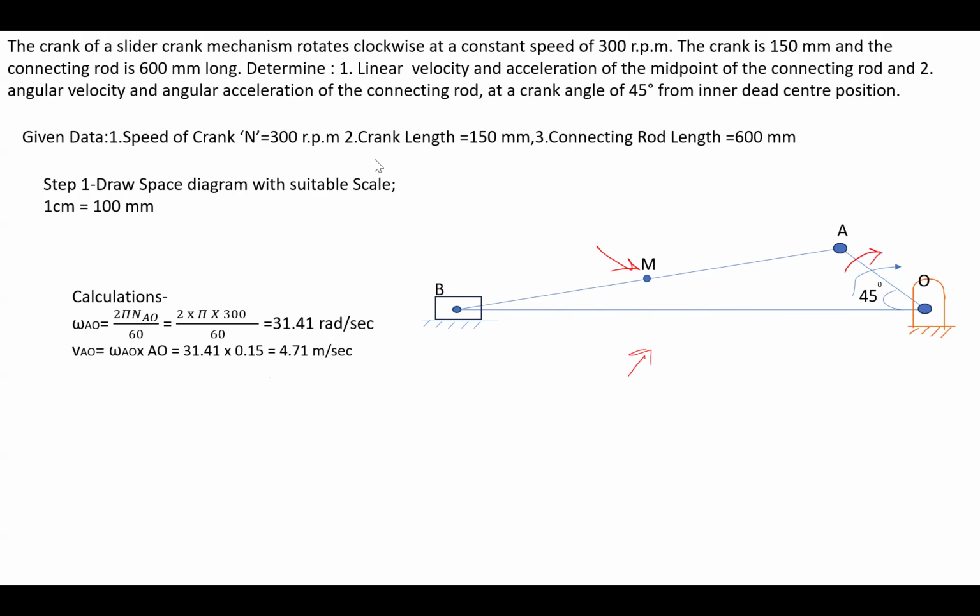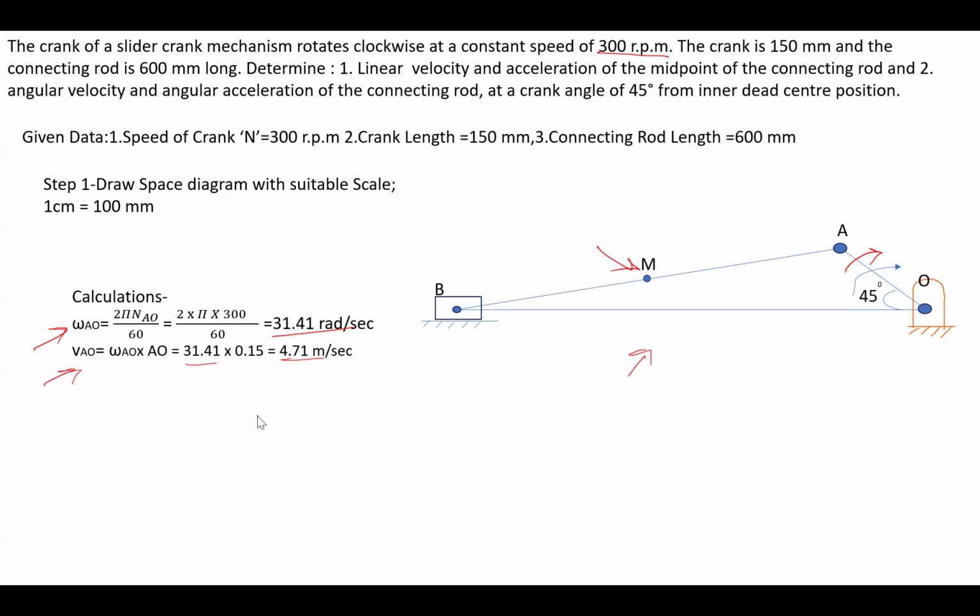So as the speed of the crank is given, that is 300 rpm, we have calculated the omega of crank OA. By using 2 pi N divided by 60, we got that omega of crank OA is 31.41 radian per second. By knowing the omega, we have calculated the velocity of crank, that is omega multiplied by length OA, and that is equal to 4.71 meter per second.